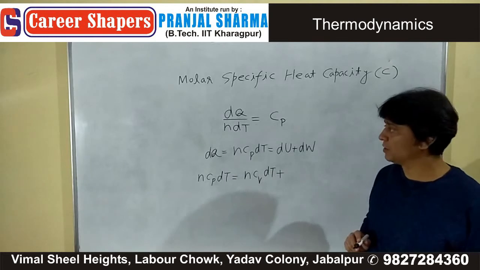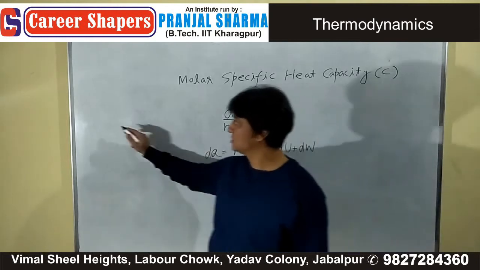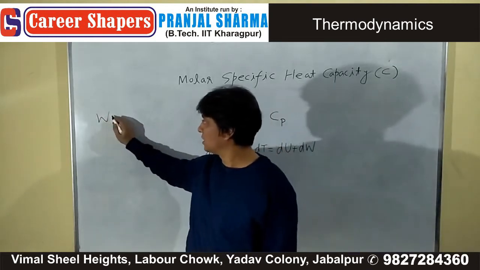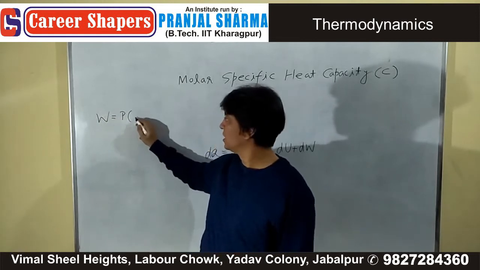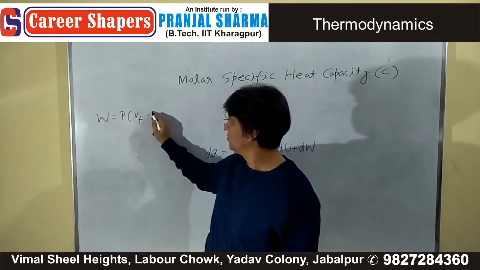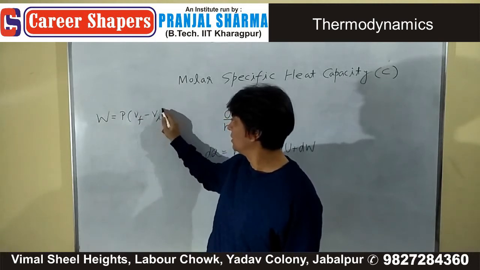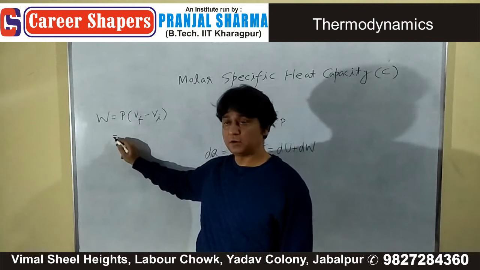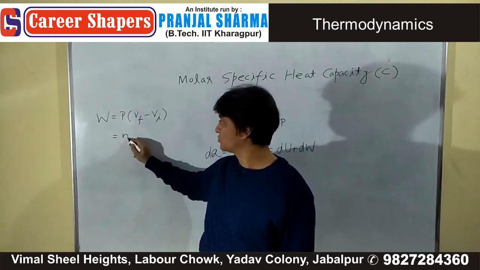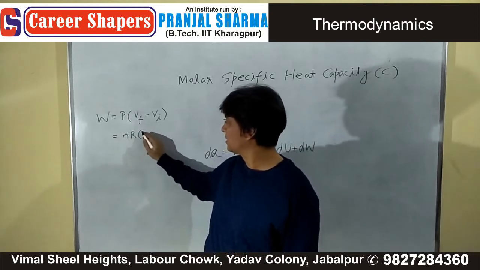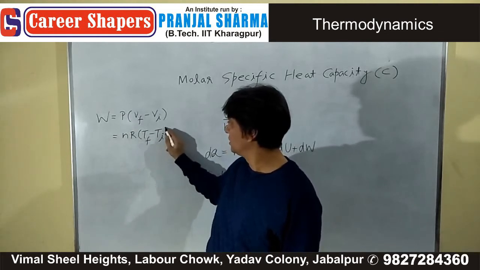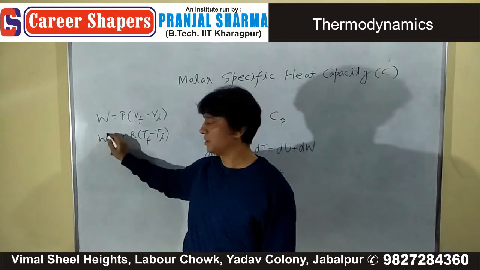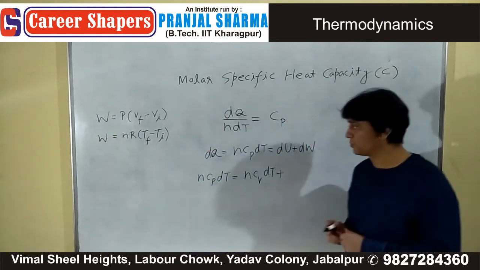What is dW? For an isobaric process, we calculated work in this form: P times V final minus V initial. Then we also found this work in terms of nR times T final minus T initial. That was work for an isobaric process.